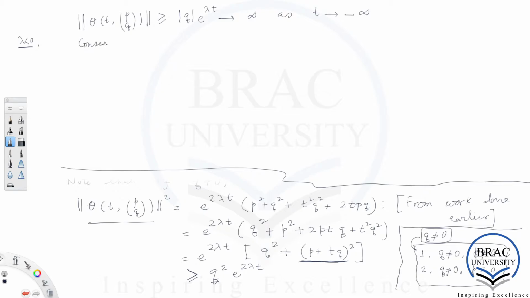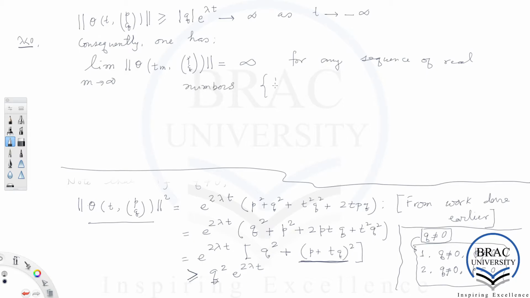Consequently, one has the limit of the norm as m approaches infinity to be infinity for any sequence of real numbers Tm such that Tm approaches negative infinity as m approaches infinity.